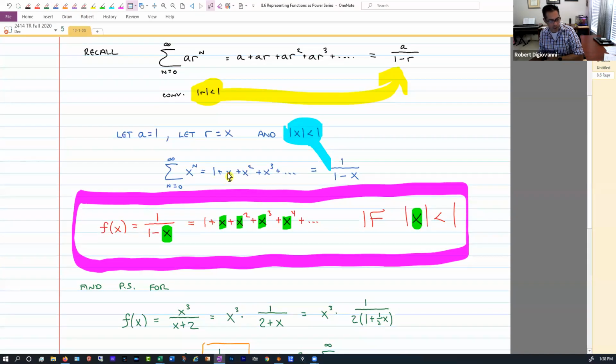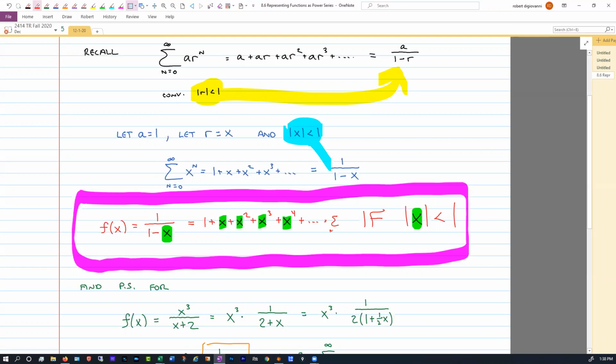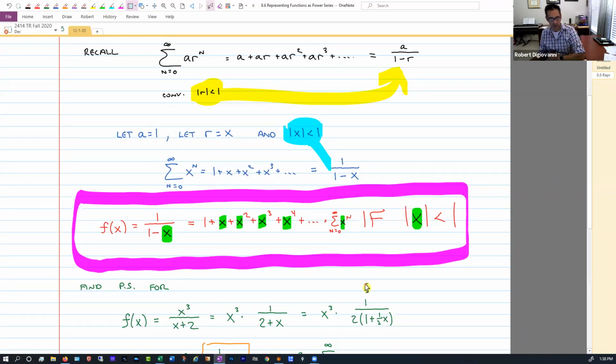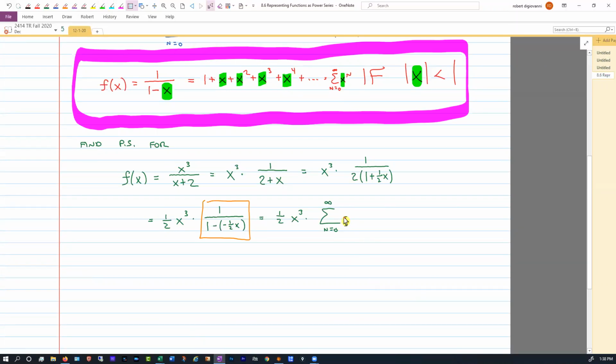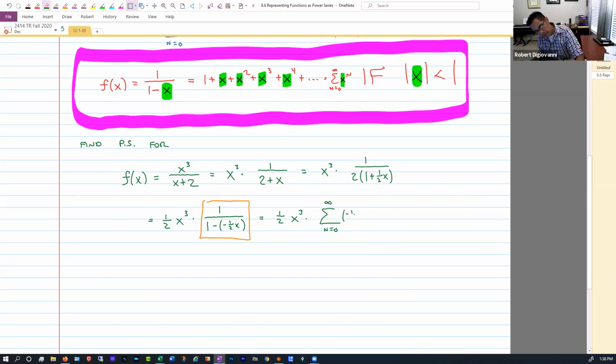Right here, this 1 over 1 minus x turns into this. Maybe I should include that right here. This equals sum n equals 0 to infinity of x to the n. The x is this. So what would go here? Negative 1 over 2x, negative 1/2 x to the n.